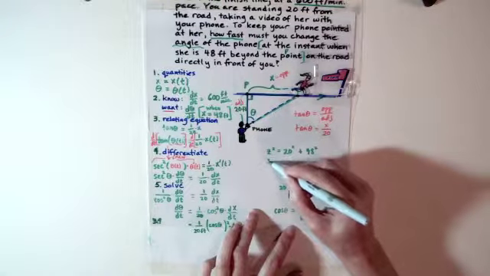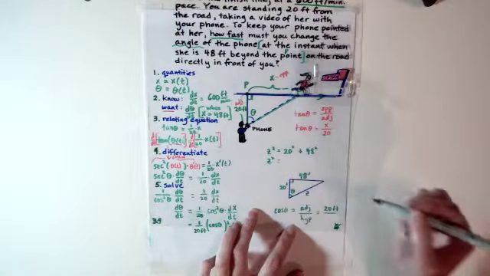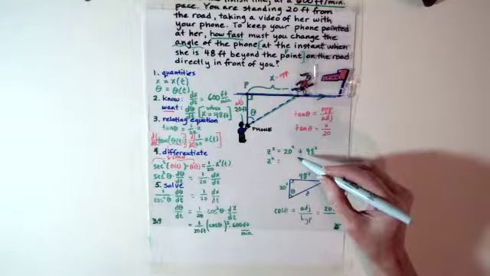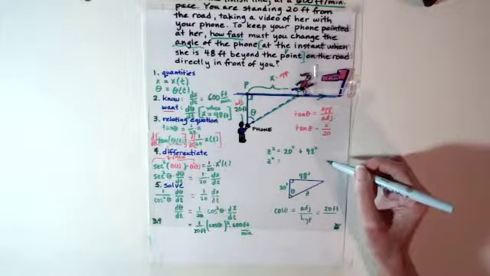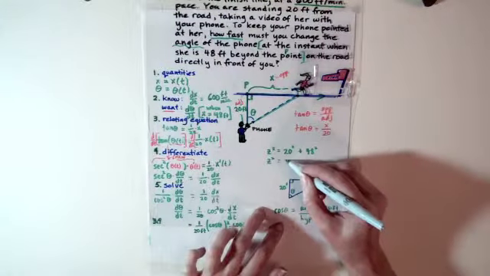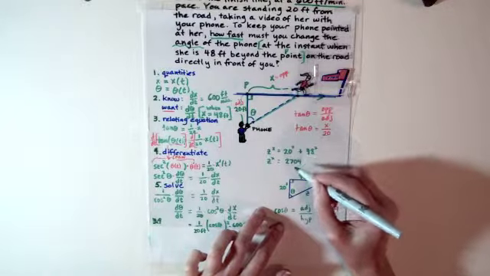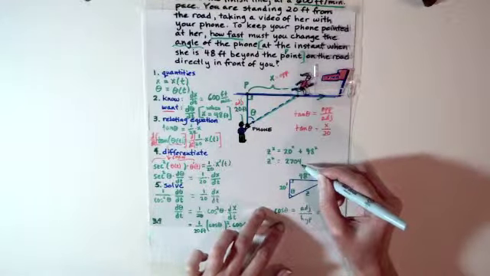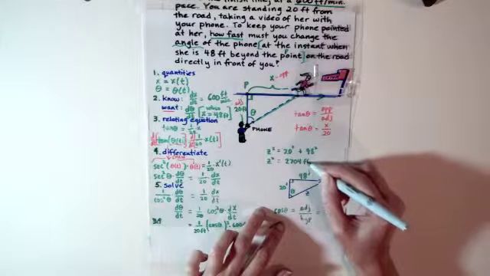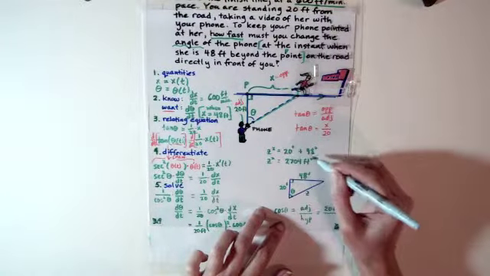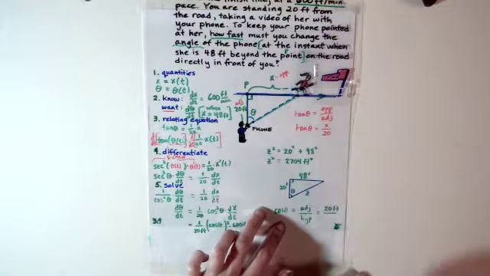So z squared is equal to 400 plus 48 squared, which is 2304. If you add these together, I'm cheating and looking at my notes over on the side, I get 2704. It would really be in units of feet squared, because this is 20 feet squared plus 48 feet squared.